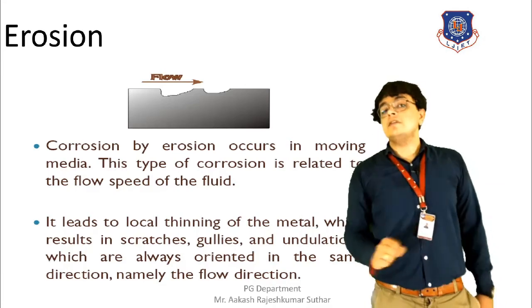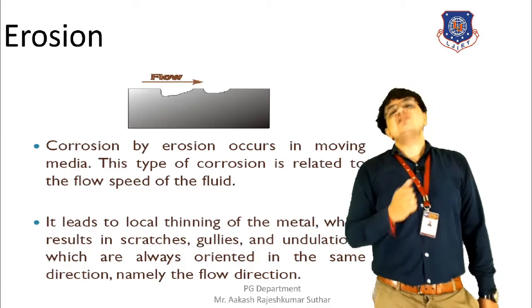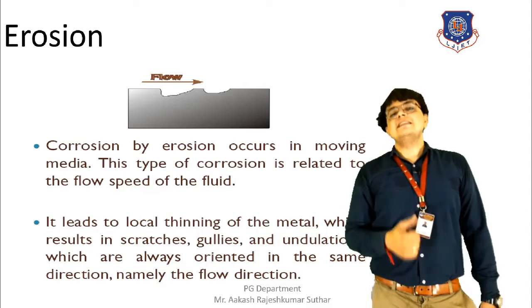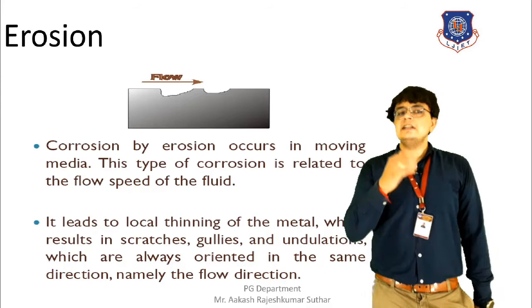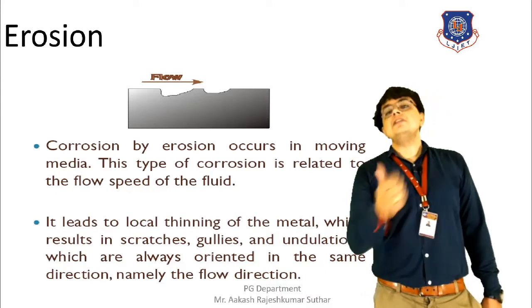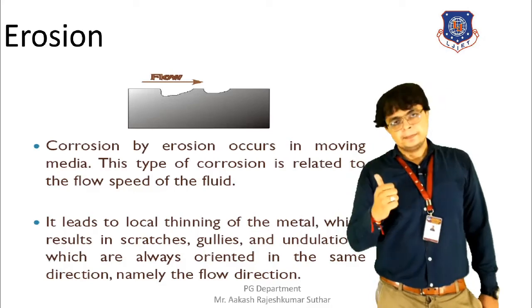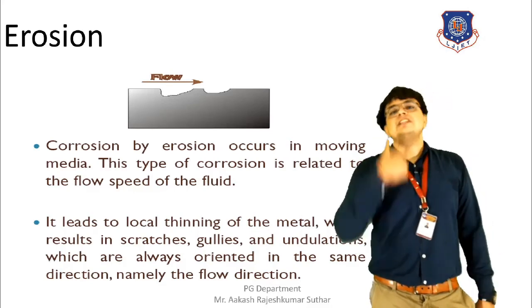And as a result, a time will come when it will not be able to take its load, and in that case the breakage will occur. Mainly such erosion takes place only in the direction in which the material is flowing. And this is how erosion takes place.